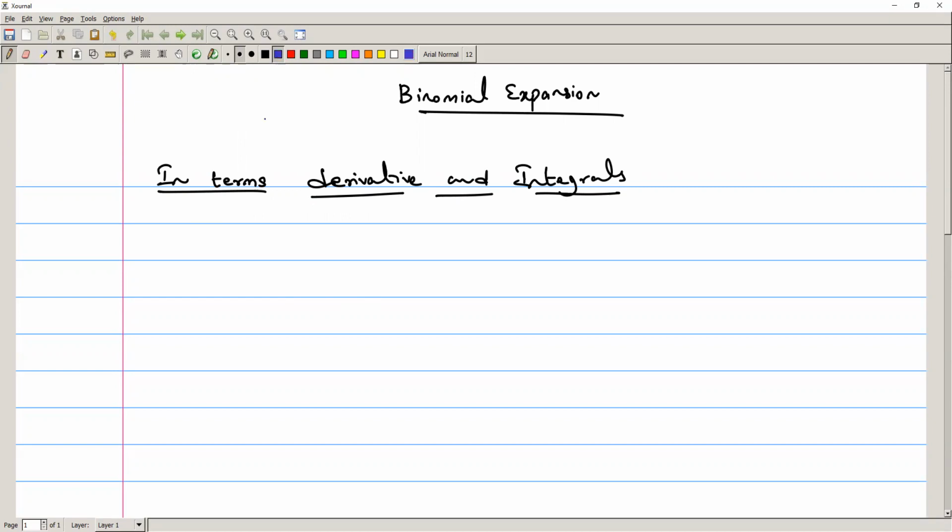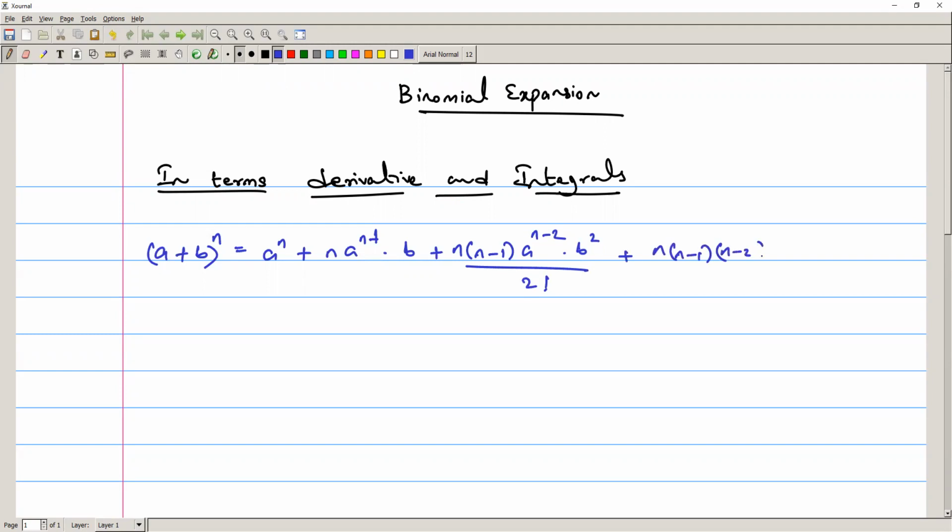So we know that the binomial theorem is given by (a + b)^n, which is equal to a^n + n a^(n-1) b + n(n-1) a^(n-2) b^2 over 2 factorial + n(n-1)(n-2) a^(n-3) b^3 over 3 factorial, and so on.